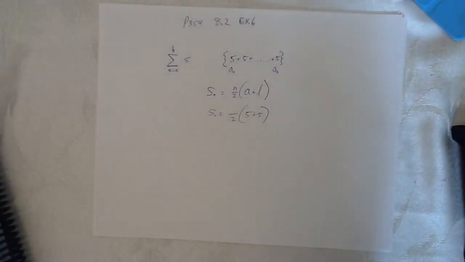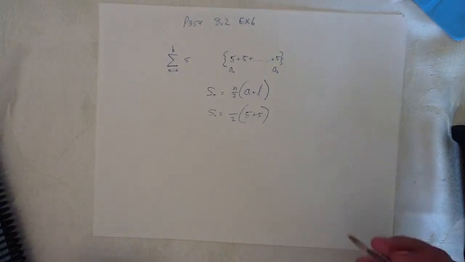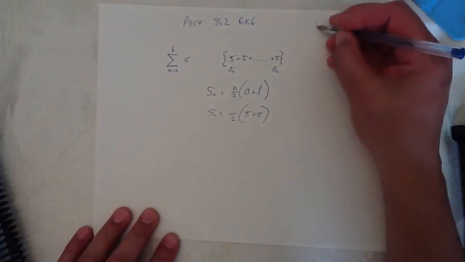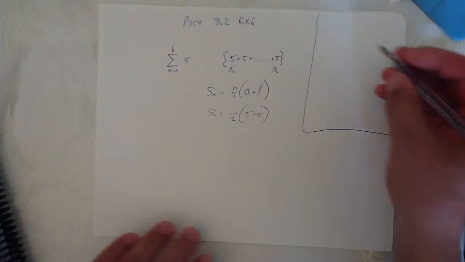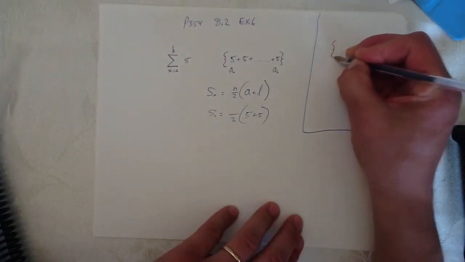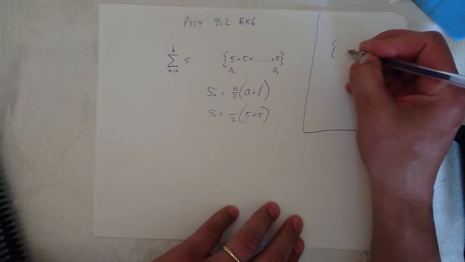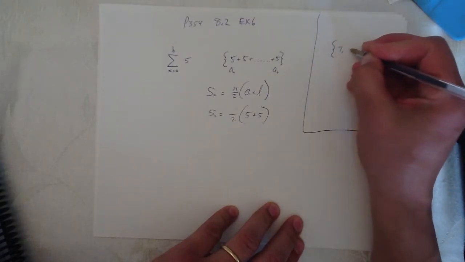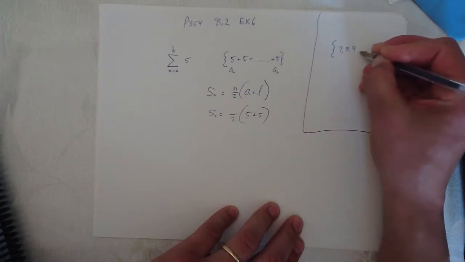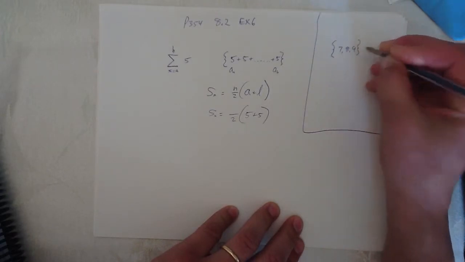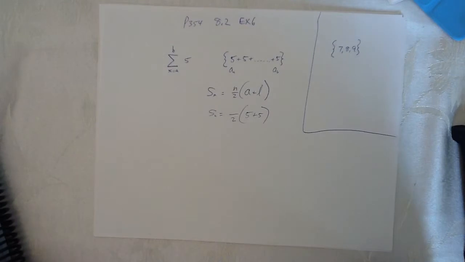And we do that, just as a reminder, I'll show you over here in this little call out box. If we have the following arithmetic sequence, how many terms are there? Well, there's 3 terms.